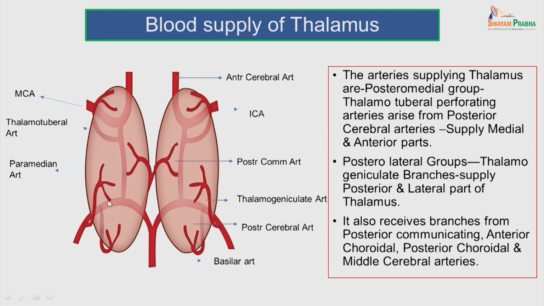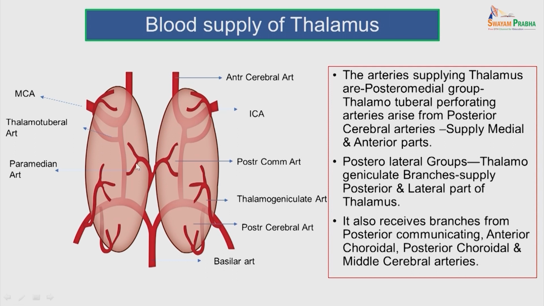The posterior lateral group is the thalamogeniculate branches, which is a branch from the posterior cerebral artery, which supplies the posterior part and the lateral part of the thalamus.